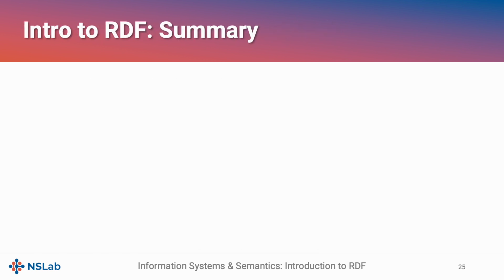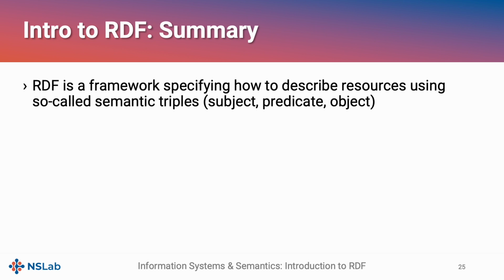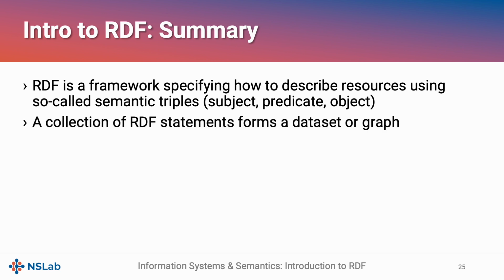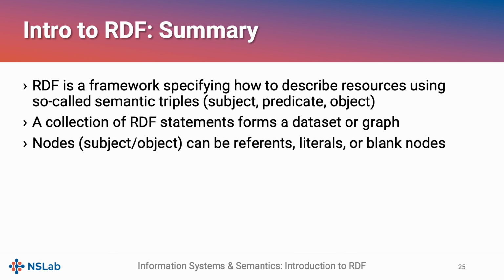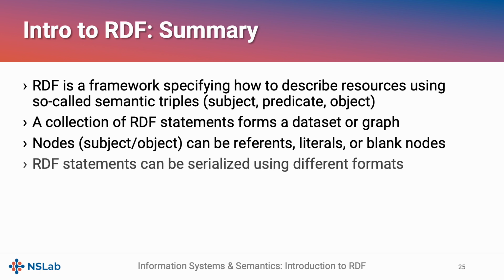So to summarize this presentation, RDF is a framework, be careful, not a language, specifying how to describe resources using semantic triples: subject, predicate, object. A collection of RDF statements forms a dataset or graph. Nodes, subject and object in a graph, can be references, literals, or blank nodes.